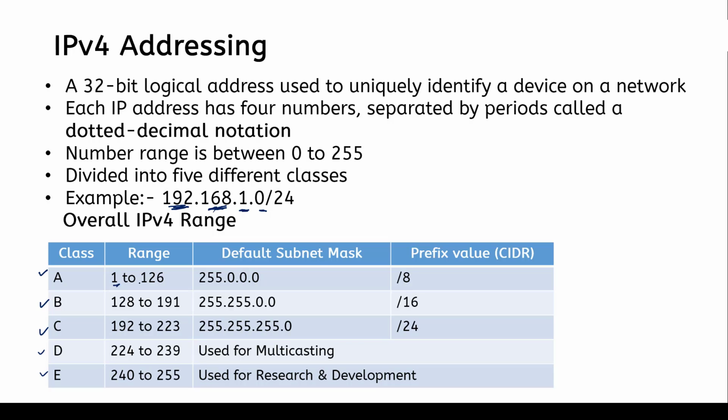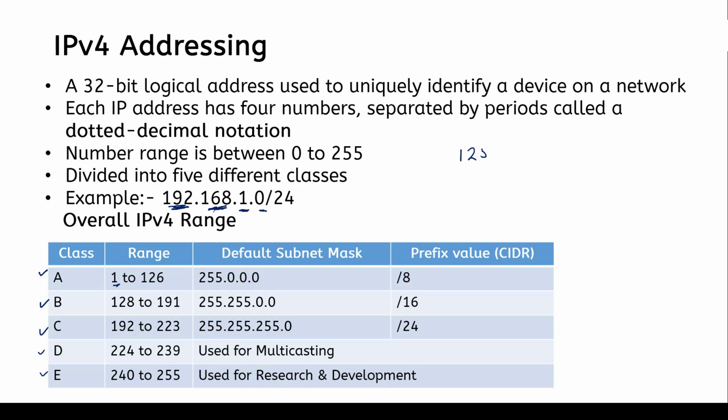The Class A range is from 1 to 126. The default subnet mask of Class A is 255.0.0.0 and the prefix value, or the CIDR notation, is /8. This means if you see any IP that starts from 1 to 126, that is a Class A IP address.